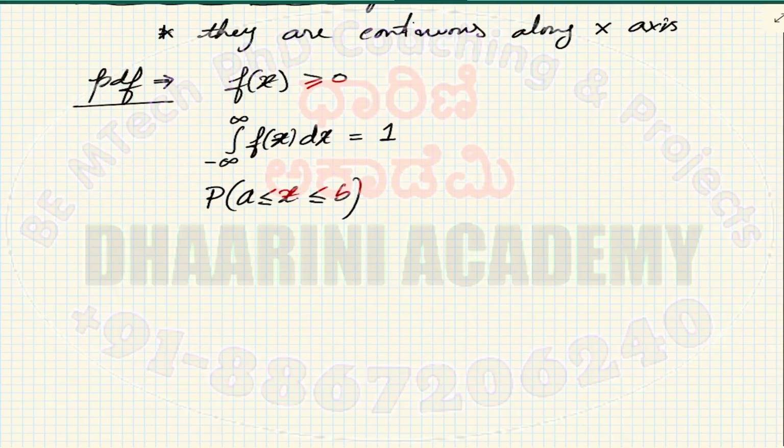We can find it as an integration between a and b. Irrespective of what a and b are, if you integrate f of x between the given range with respect to x, we get the continuous probability density integrated between them.